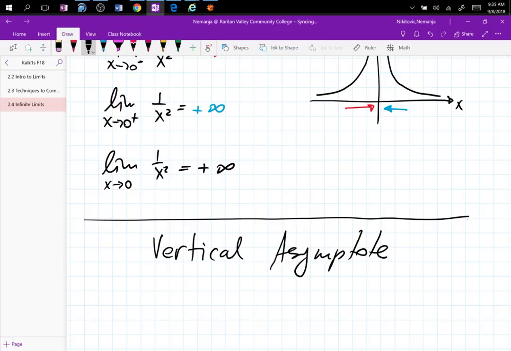This is a concept from your pre-Calculus class. Some functions have vertical asymptotes. You know that those are vertical, straight lines which the function cannot cross. So the function follows that line.